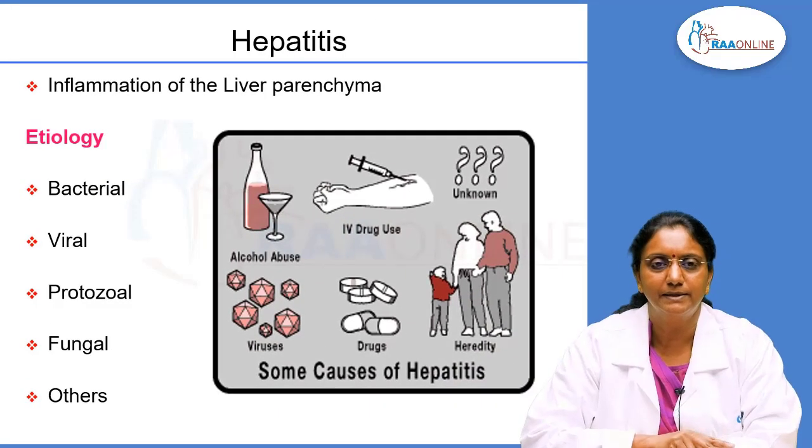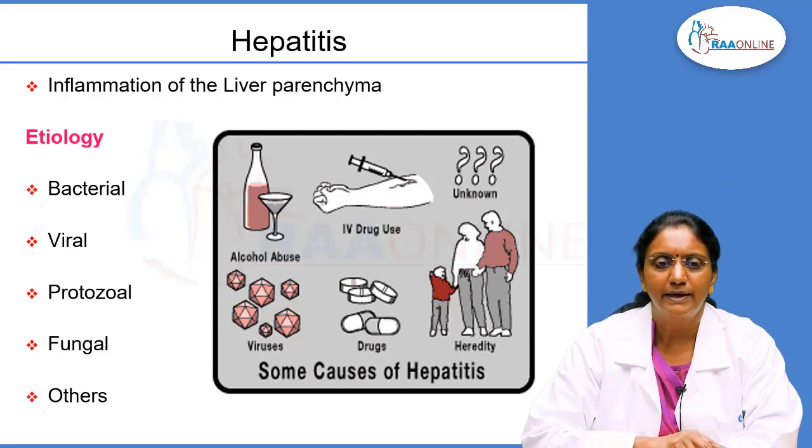So hepatitis, as the name suggests, hepa means liver and itis means inflammation. So inflammation of the liver parenchyma is known as hepatitis. And what are the causes for hepatitis? There can be infectious causes, and that is subdivided into bacterial, viral, protozoal and fungal causes. And under others, we can have excessive alcohol intake, alcoholic hepatitis can occur.